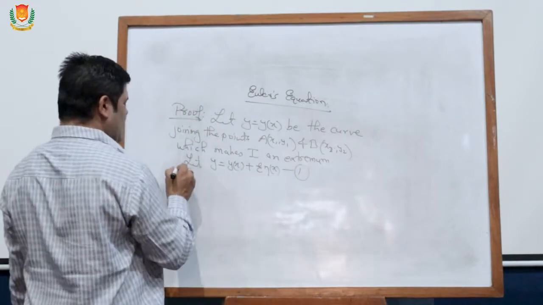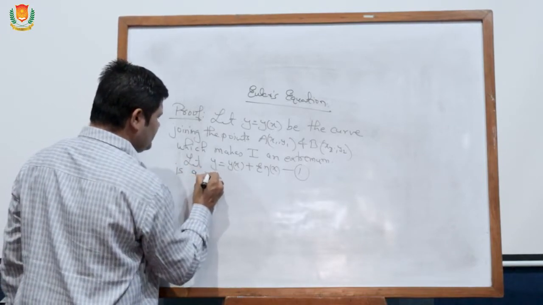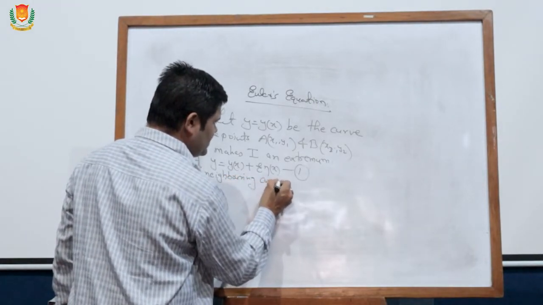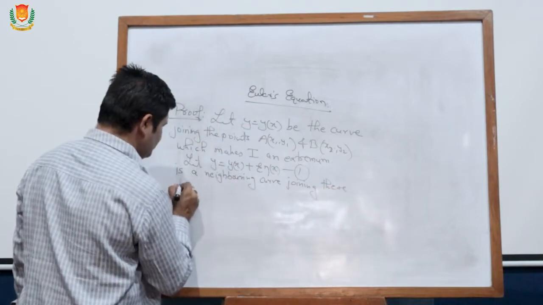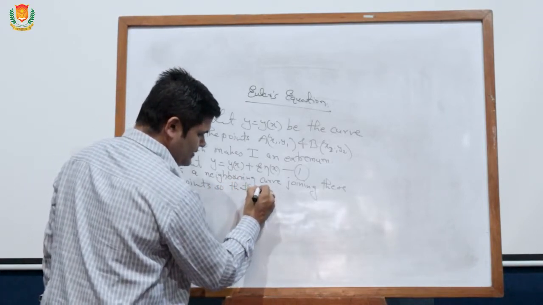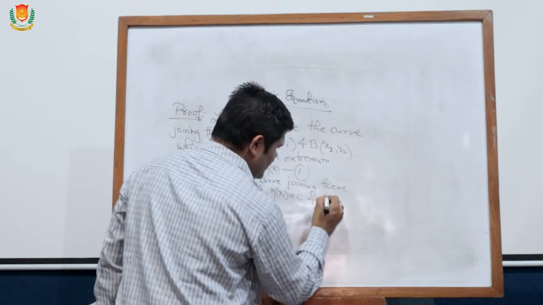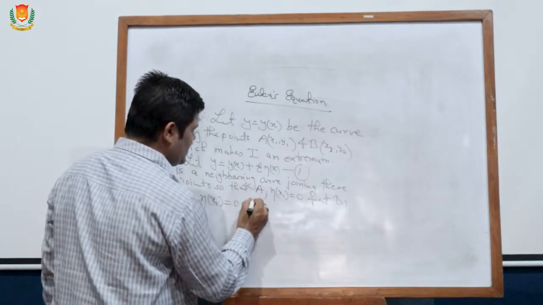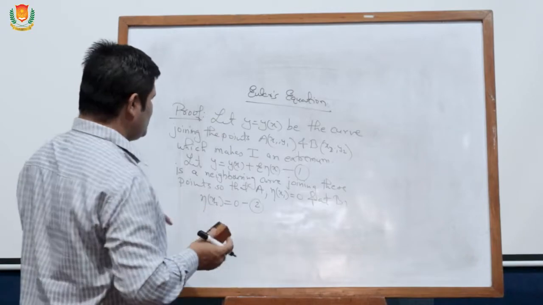This is marked equation 1, and it is a neighboring curve joining these points, so that at A, eta of x1 equals 0, and at B, eta of x2 equals 0. We mark this equation number 2.